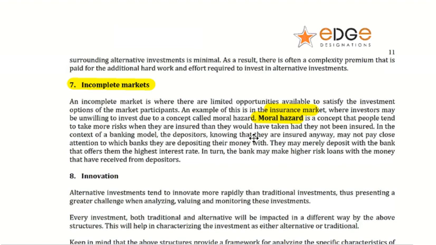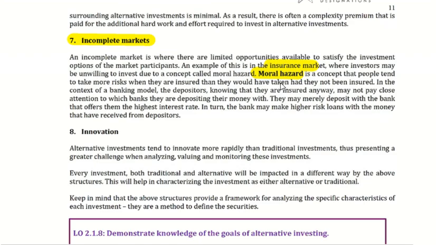So often people might not want to invest in certain companies based on this particular concept. We also mention moral hazard when we talk about banks. How does moral hazard relate to banks? Remember that when you invest in a bank, we've got what we call FDIC, the Federal Deposit Insurance.